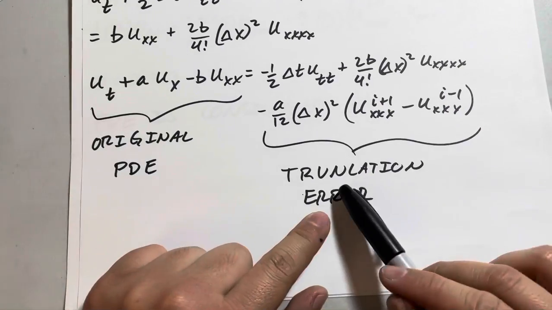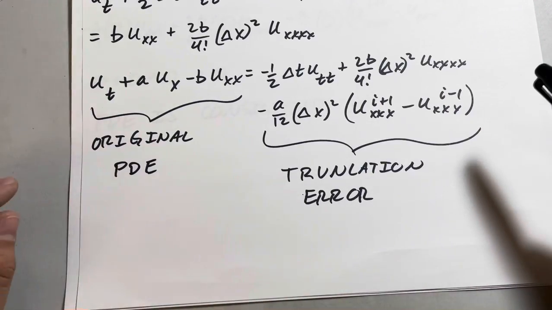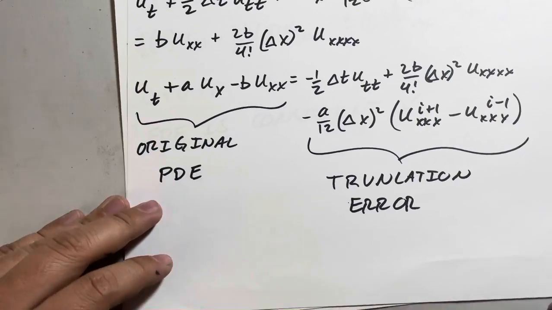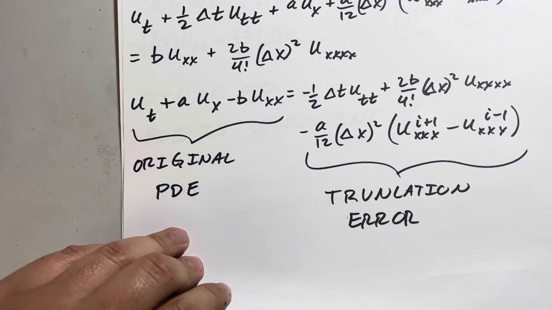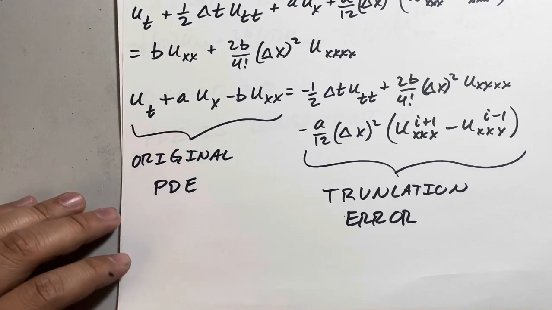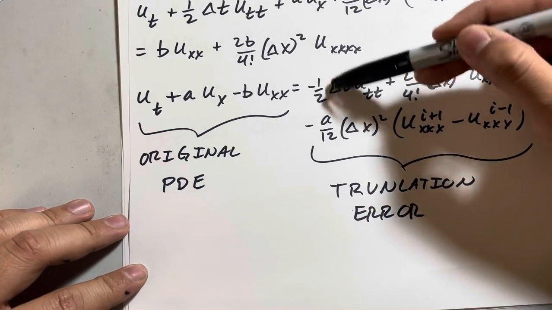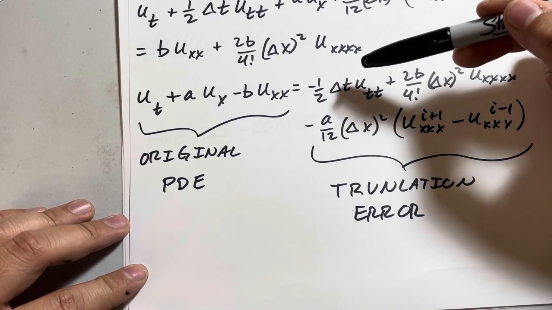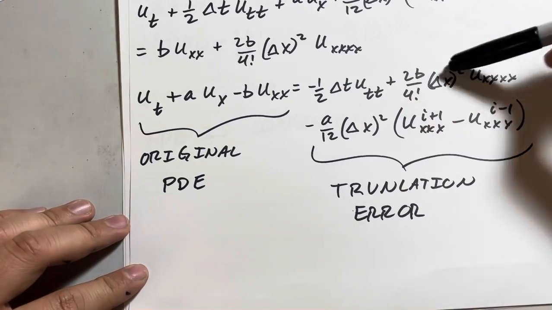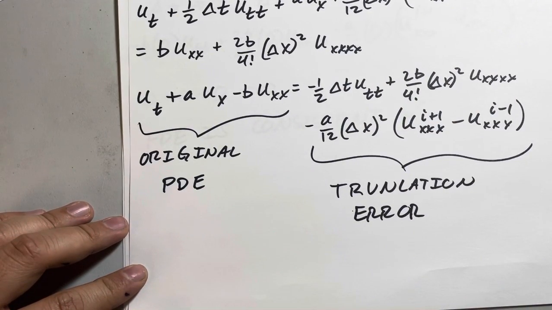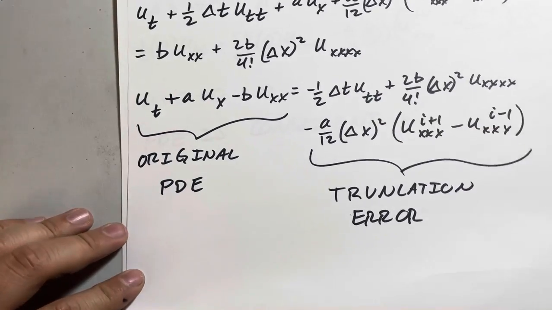So this is our truncation error and our original PDE. And then we can also see that we have the first order accuracy and second order accuracy with respect to t and x.